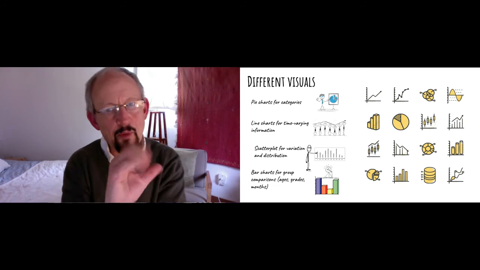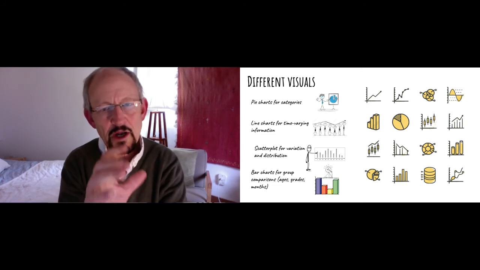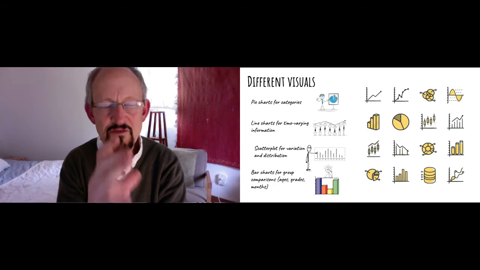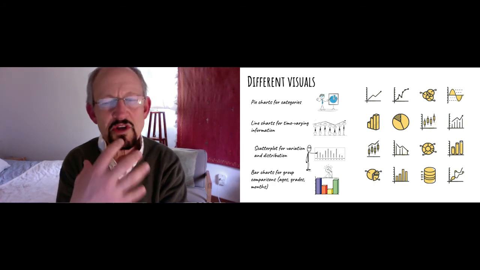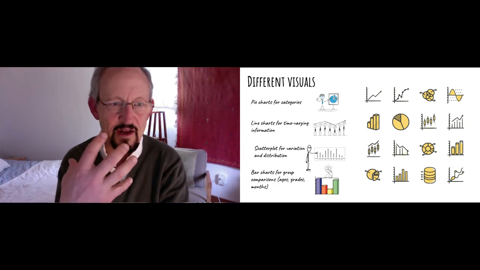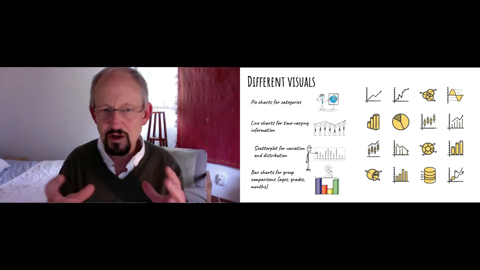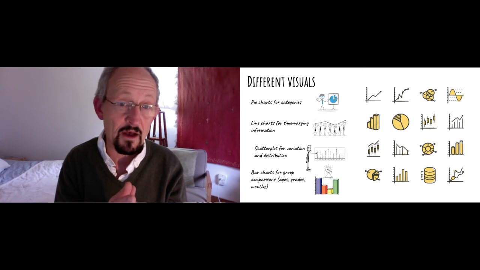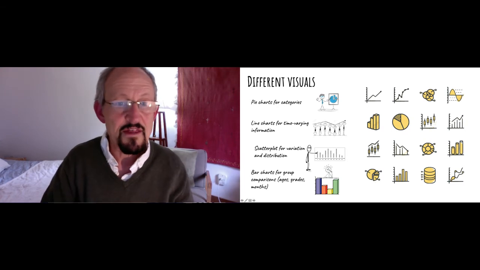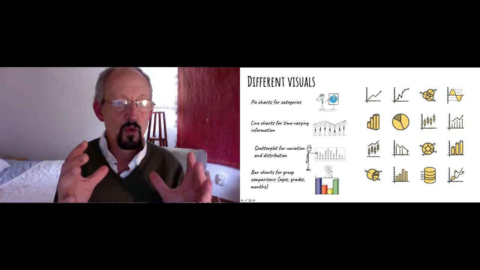Okay, so the key point here is that we want to be thinking about whatever kind of data we have, what are we trying to understand about the data? If we want something like an overall percentage of different components of a scale, like a categorical scale, that might be best shown with a pie chart.